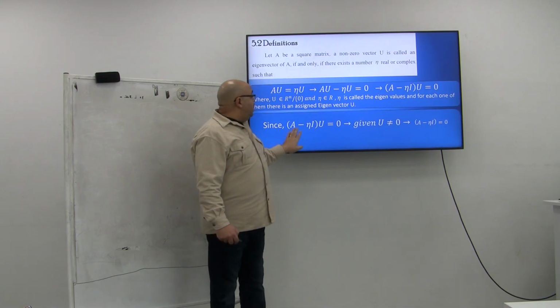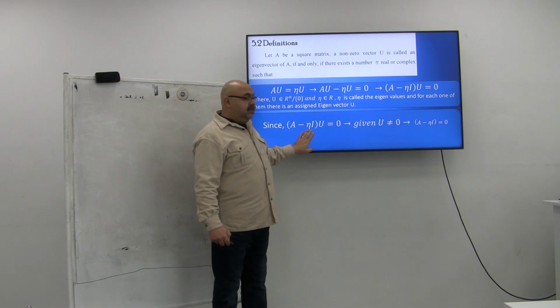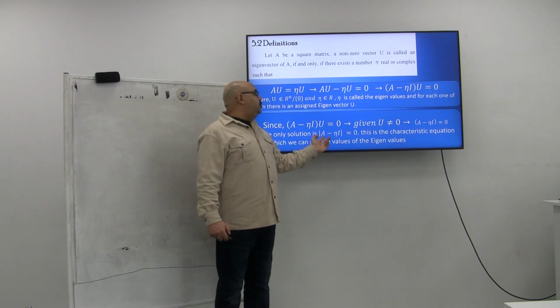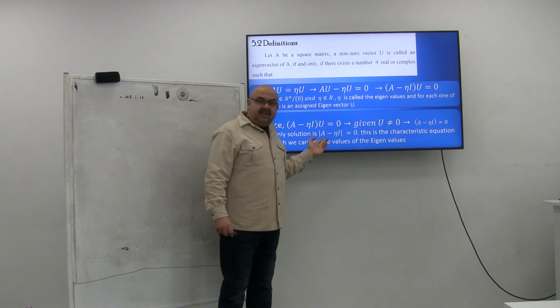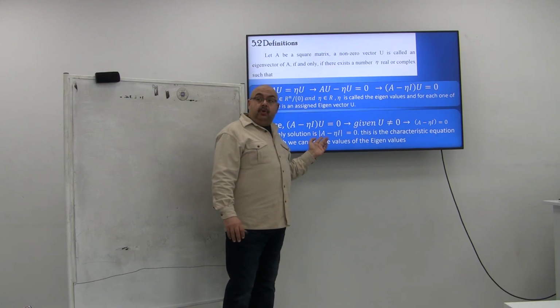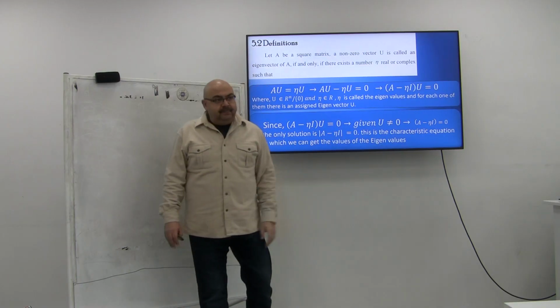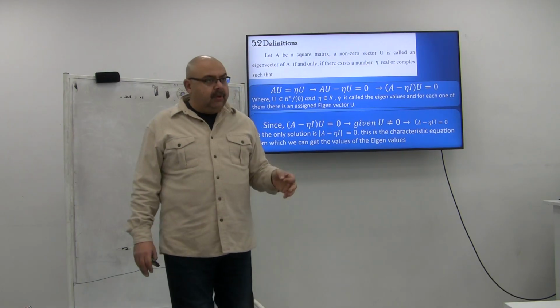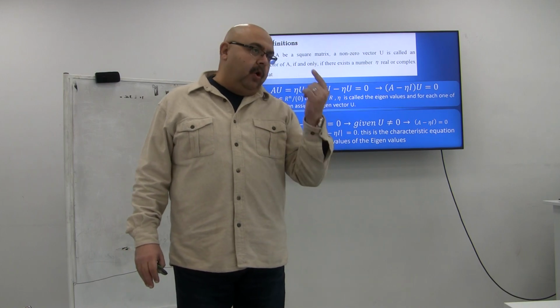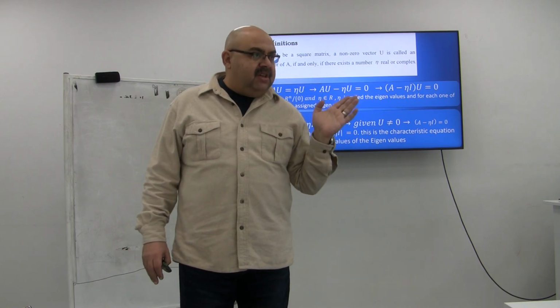Okay, the steps are going to be exactly as I told you. A minus eta I is equal to 0, which will lead to, when you have a matrix that is the origin, or a 0 matrix, the determinant of this matrix being equal to 0. Once the determinant is equal to 0, I will be able to solve an equation, and the only unknown that I have is eta.